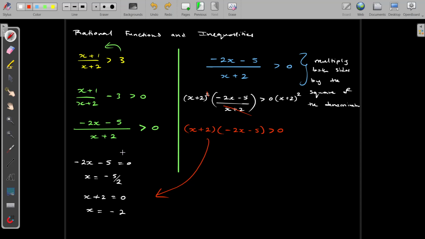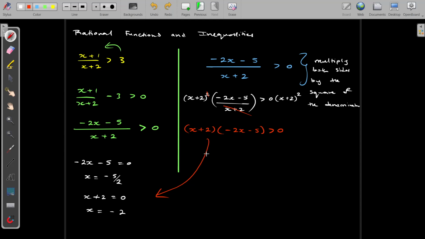But if you are going to have an issue simplifying the fraction, you still have to simplify the fraction, yes. As long as you simplify the fraction, you can just equate numerator to 0, equate denominator to 0, and solve. So we don't need to take the long route of multiplying by the square on both sides. So now we have our critical values, we have our factors.